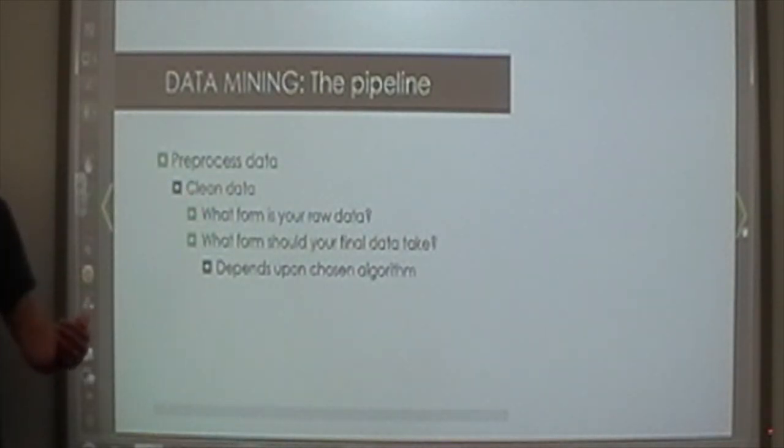Some of the data you sometimes see as visual data, and that's really much harder to work with. What we're really going to be looking for is some sort of text data.